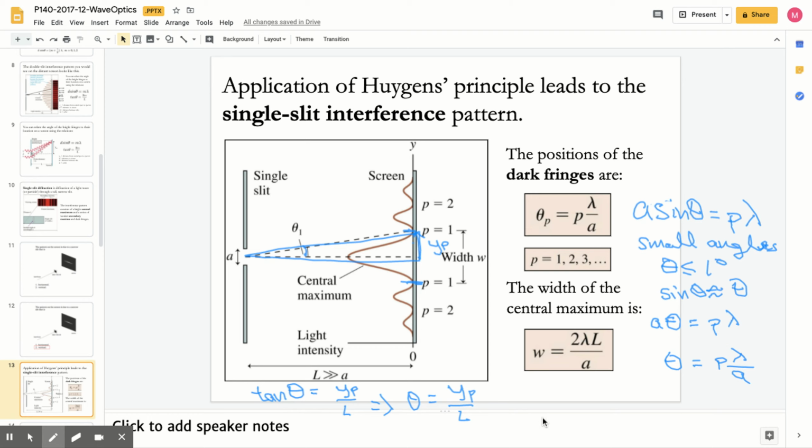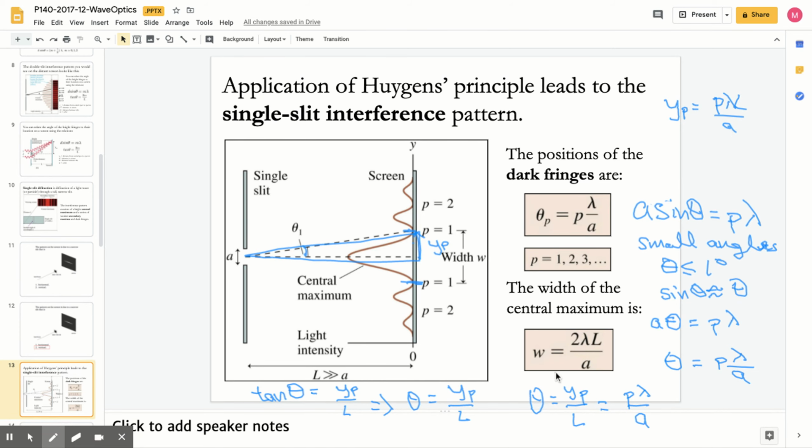And if they're both small, then theta is the same as tan theta or sine theta. So that's where this comes from. If I plug that in, I can say theta is equal to Yp over L, and it's also equal to p lambda over a. That means Yp is equal to p lambda L over a.